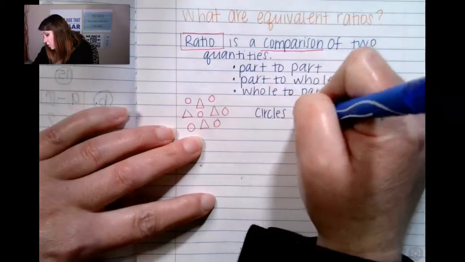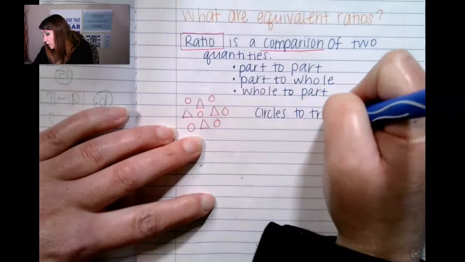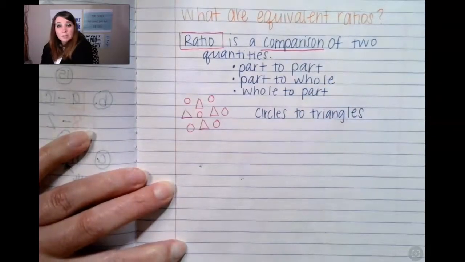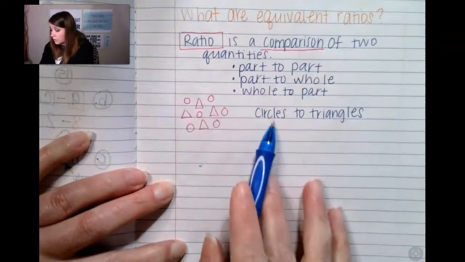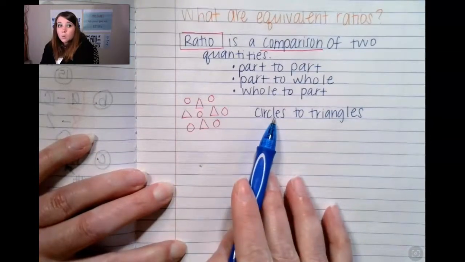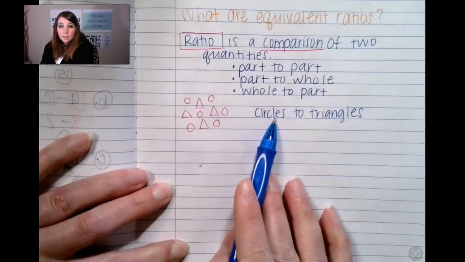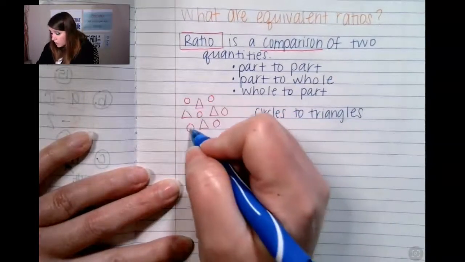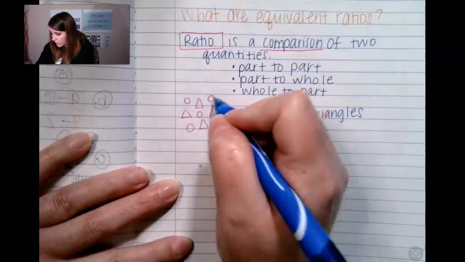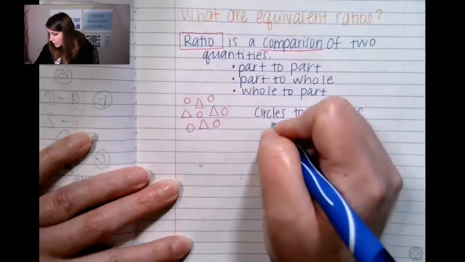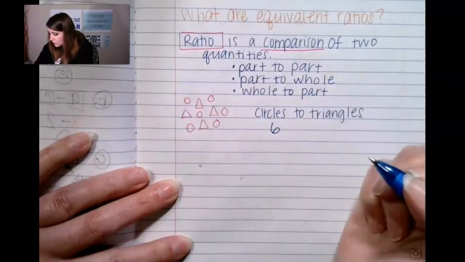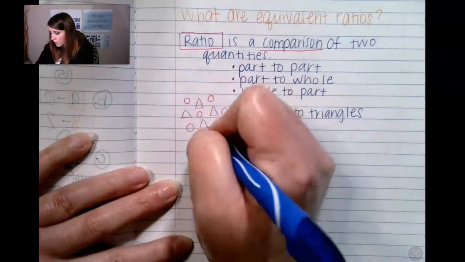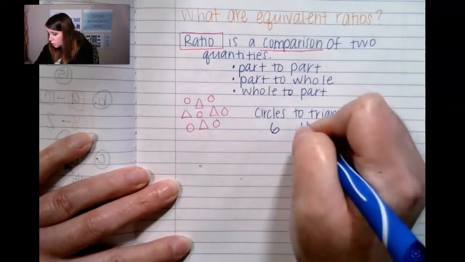Our job first would be to look at how many circles there are, because circles comes first. So we would count how many circles there are: 1, 2, 3, 4, 5, 6. So we have 6 circles. And then how many triangles? 1, 2, 3, 4. There are 4 triangles.